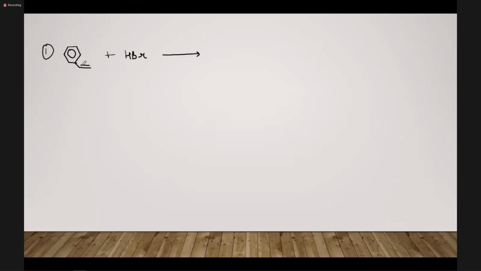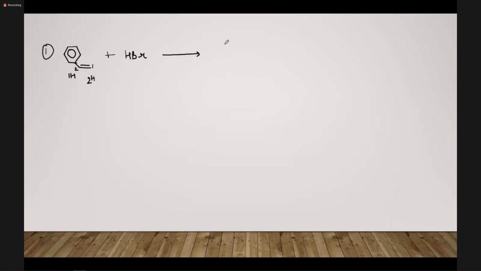This carbon will have two hydrogens, 2H. And the carbon number 1 will have two hydrogens, and this carbon number 2, because there are 3 bonds, will have only one hydrogen. Okay. So according to the Markovnikov's rule, the hydrogen will get attached to the first carbon and bromine to the second carbon.